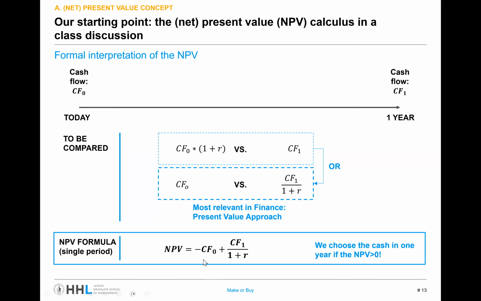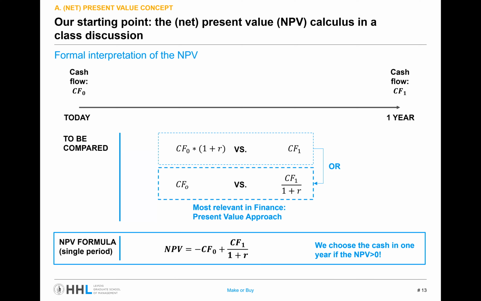Now translating that back to my 100 and 110 euro example would mean, we give up 100 today, so that's the reason why this is minus 100, but we earn 110 in 1 year. Now let's say that is on a 5% discount rate, an R of 5%, then the net present value here would be positive.